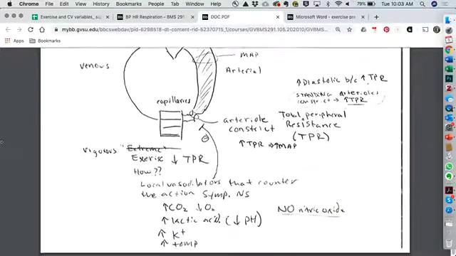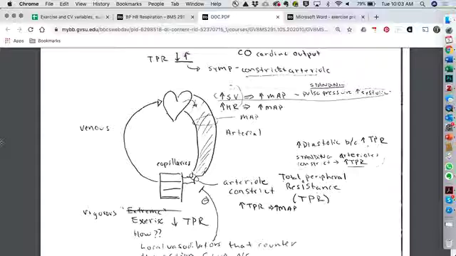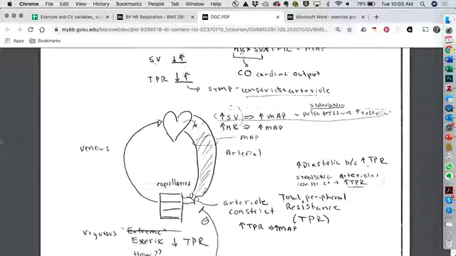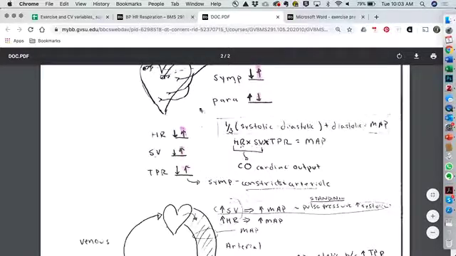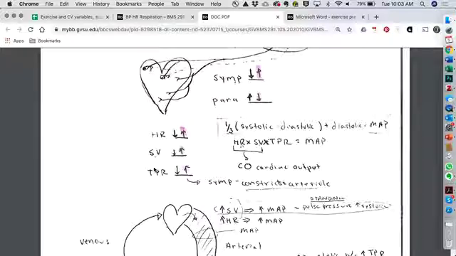The equations that you're going to use are tucked in here, but I'm also going to write them up on the board. So mean arterial pressure is equal to, do you guys know this already? Have you seen it in class yet? There are actually two equations.